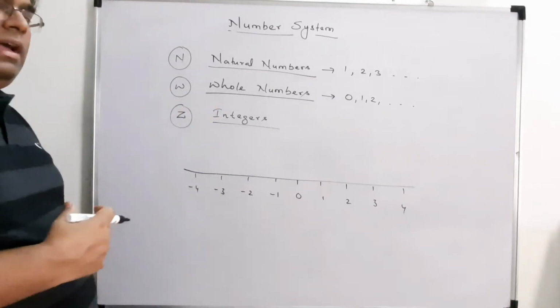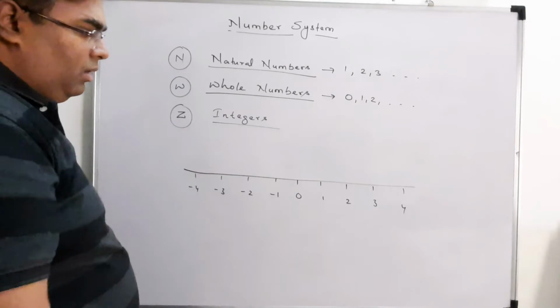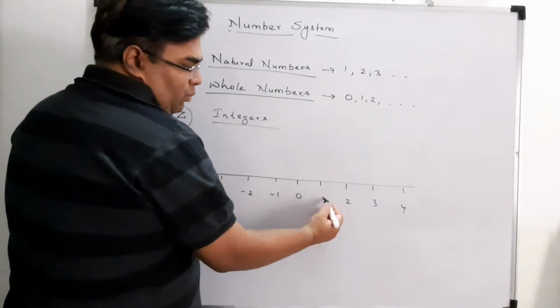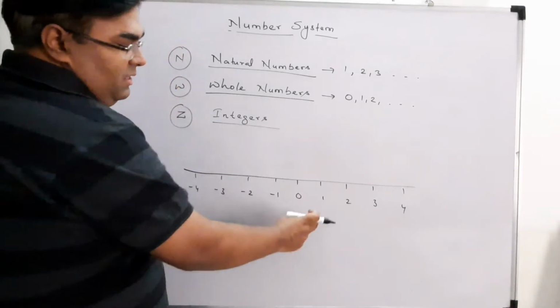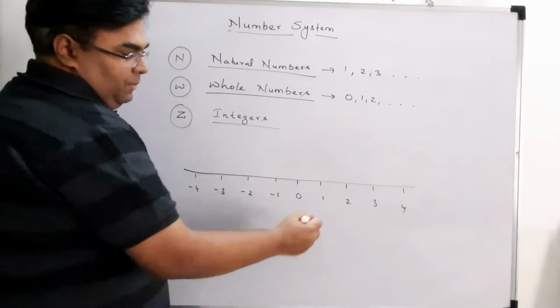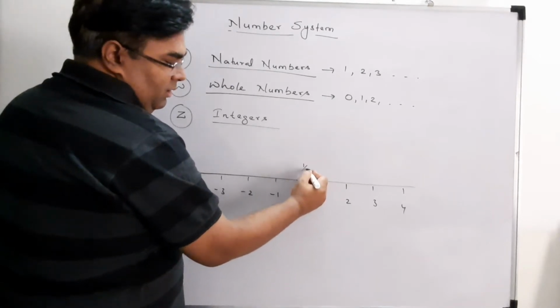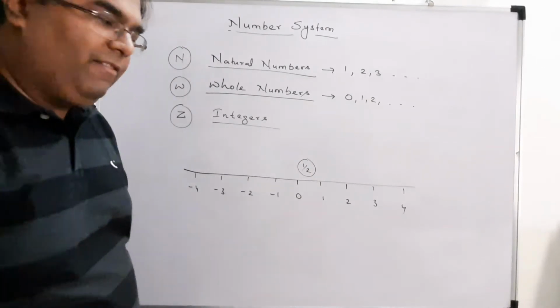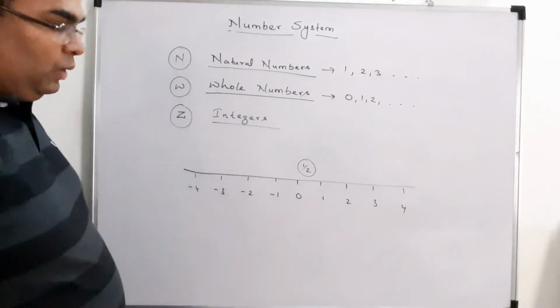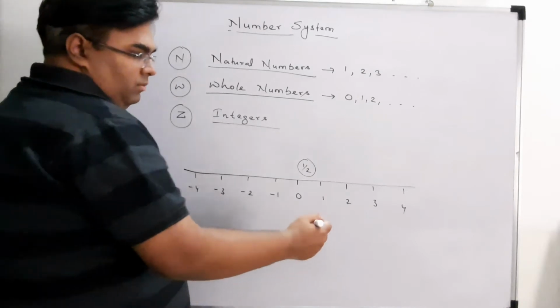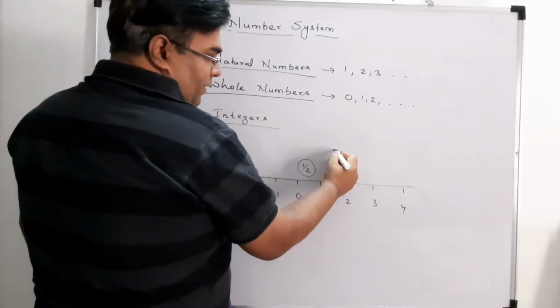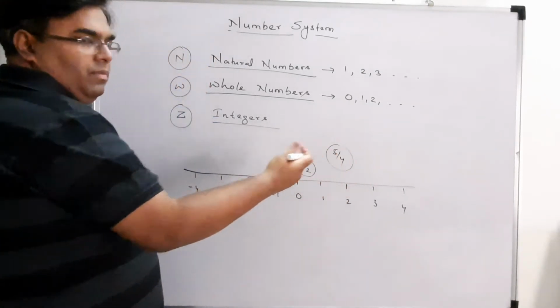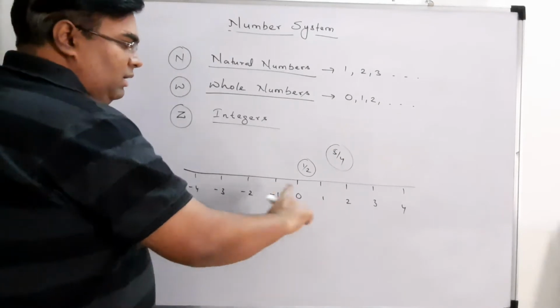Okay, so these three numbers we are aware of. Now do we have more numbers? What about in between 1 and 2, or in between 0 and 1? Suppose we want another number which is a half, or you can say 0.5, right? So where to put that number? Or suppose 5/4. Where is this number on the number line?